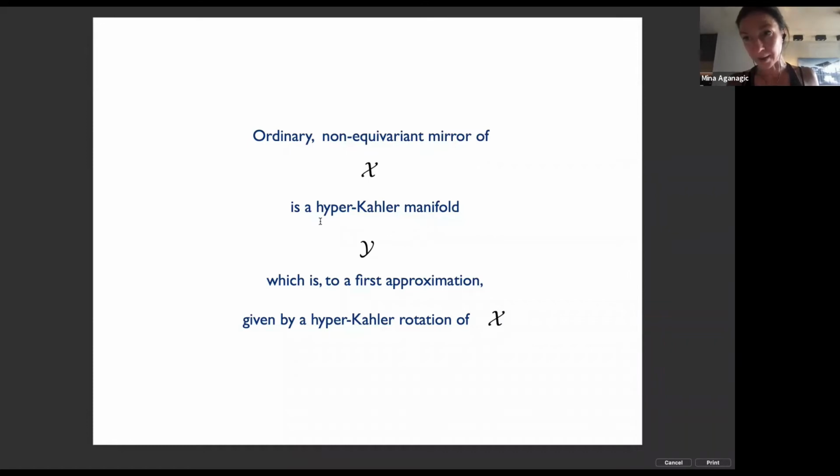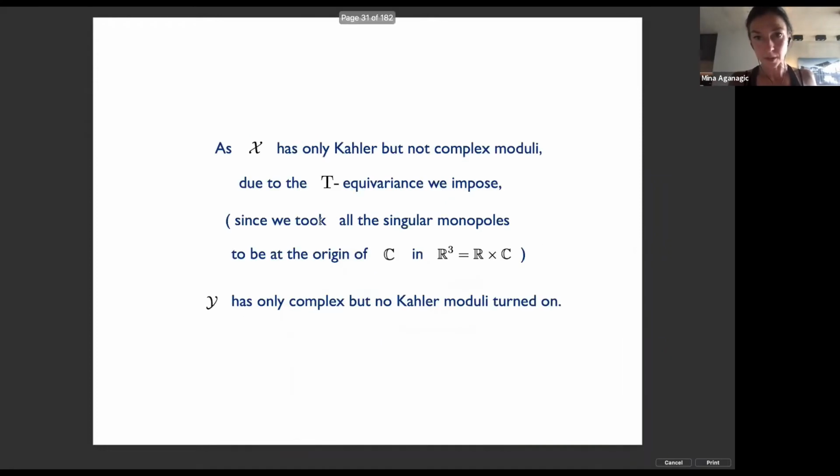If X is the moduli space of monopoles in R3, Y is related to the moduli space of monopoles in R2 times S1. It's what's called a multiplicative version of X. Now, as X has only Kähler, but no complex moduli because of the T-equivariance we impose, because we took all the singular monopoles to be at the origin of this complex plane C in R3, Y has only complex but no Kähler moduli turned on.